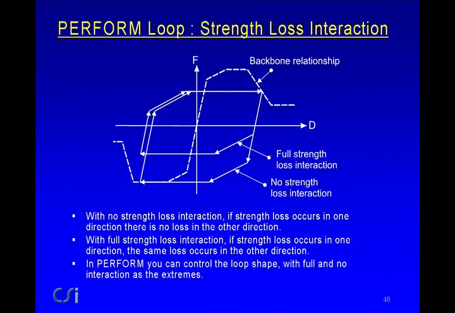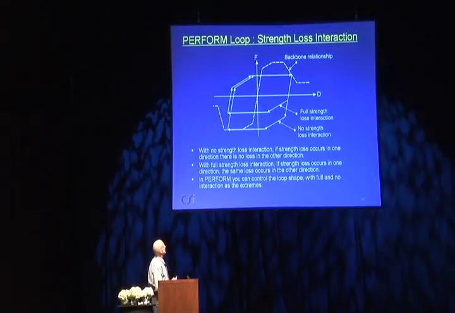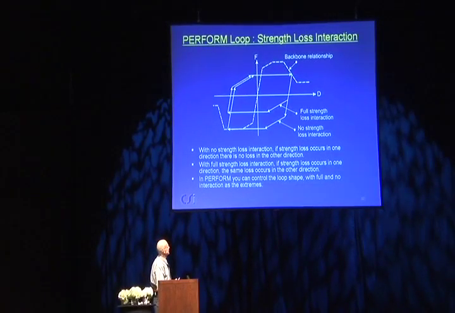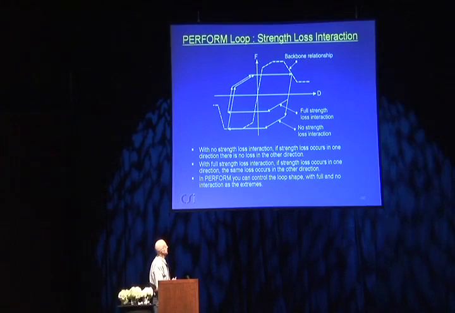The third one is called strength loss interaction. Again, this is the backbone curve. If you deform it out to here and then have a hysteresis loop, if there's no strength loss interaction, the strength in the opposite direction will not be reduced. If there is strength loss interaction, the strength in the opposite direction will be reduced. It depends on what type of structure it is.